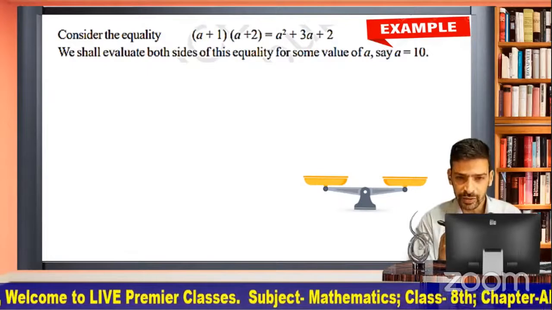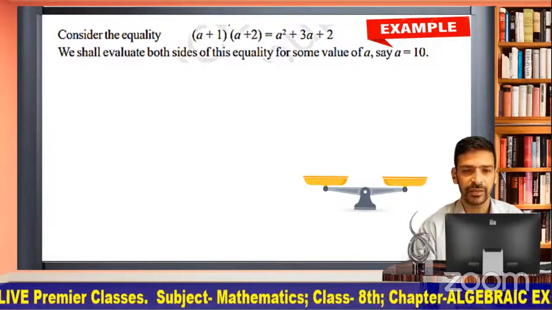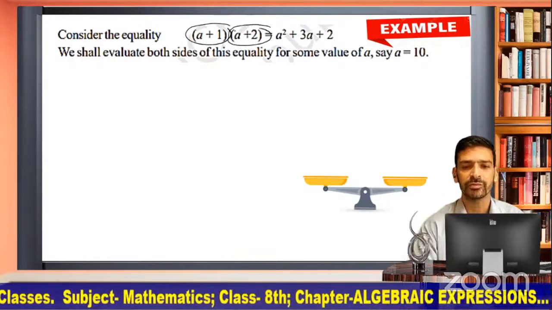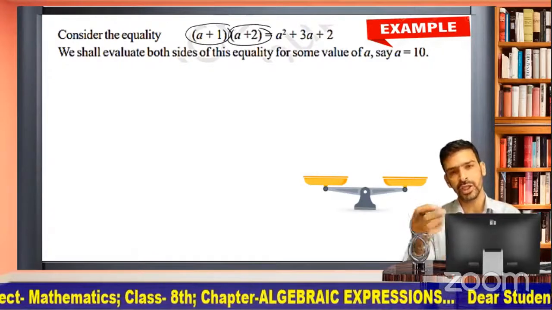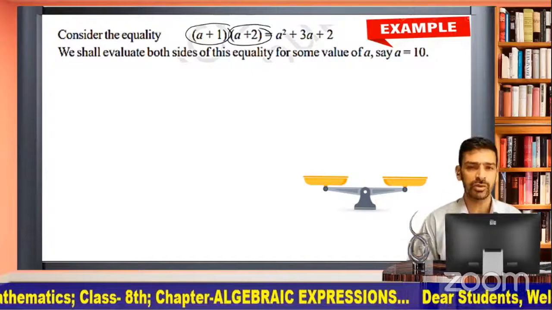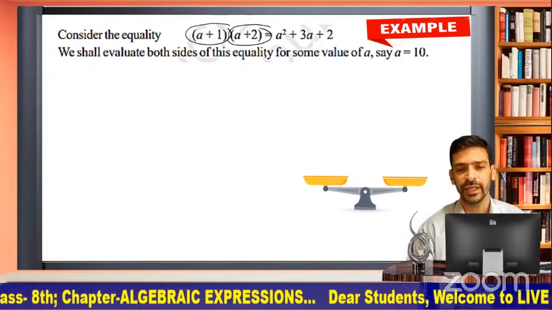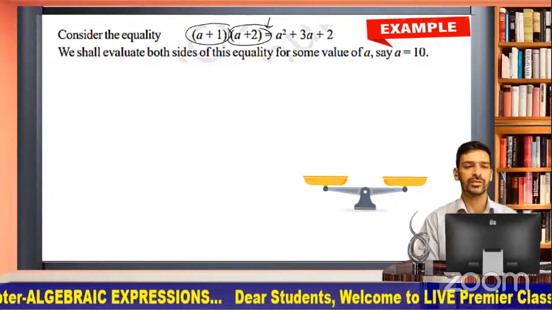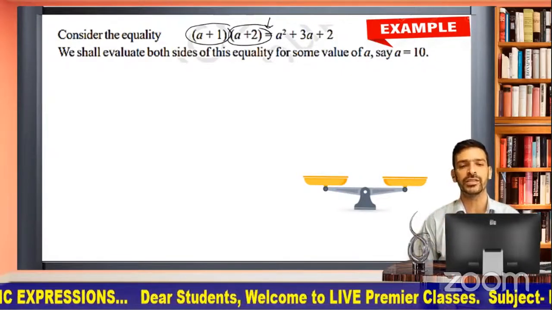So we have here two binomials. एक binomial है a plus 1 और एक binomial है a plus 2. ठीक है, a plus 1 multiplied by a plus 2 equals a square plus 3a plus 2. अब यहाँ sign of equality है, इसीलिए we call it as equality. Equality means the LHS of this equation is equal to RHS.